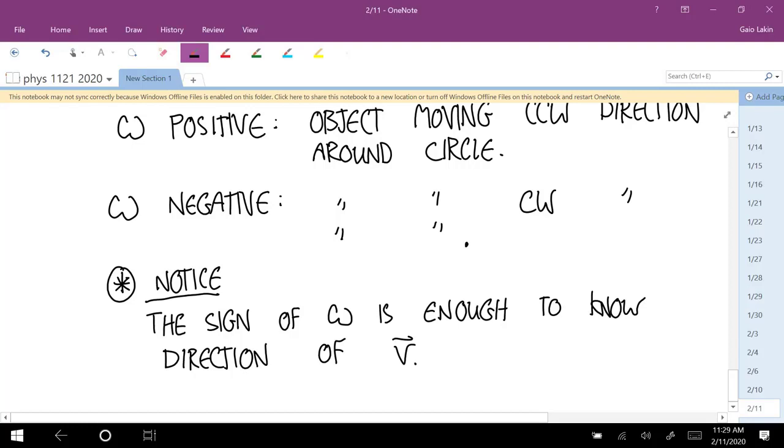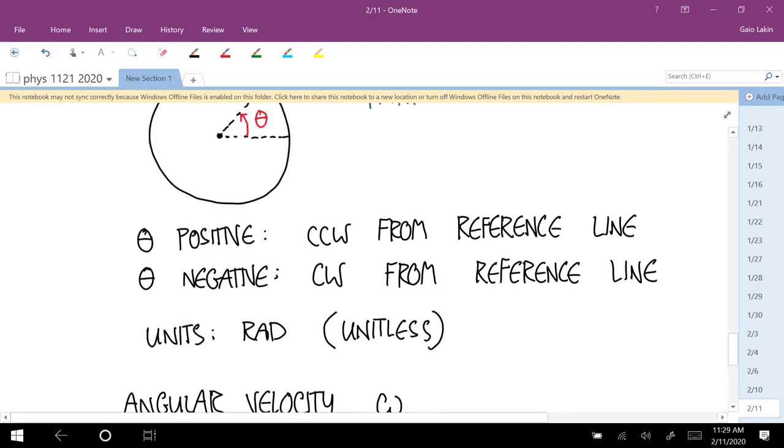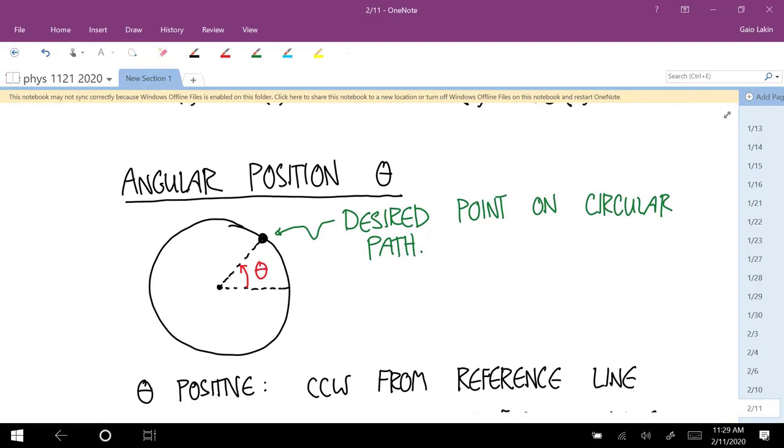We haven't talked about how to calculate the magnitude yet, but if omega is positive, then at that instant the object is moving counterclockwise around the circle, and the velocity vector is tangent to the circle this way. If omega is negative, it's moving clockwise, and so the velocity vector is that way. So there's a connection between the sign of the angular velocity and the direction of the velocity.